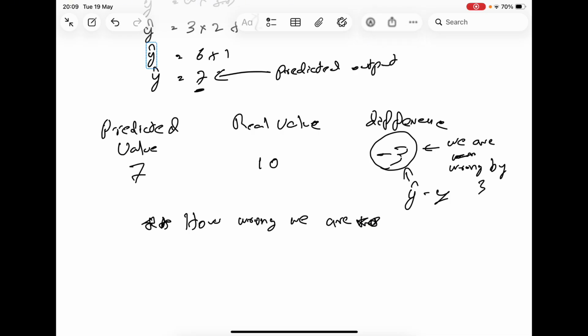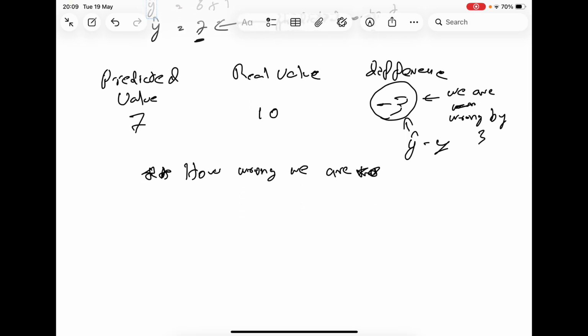Then you might ask me, so minus 3 is the value which represents how wrong we are. Yes, I understand that, but of course minus 3 has that meaning also.